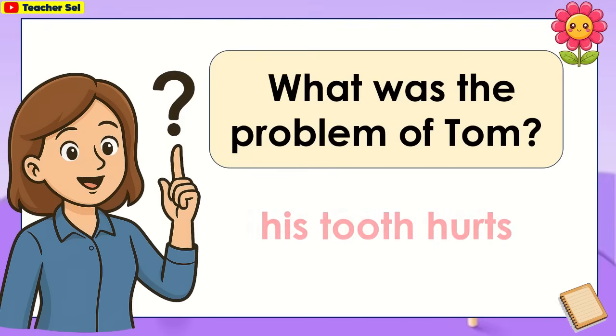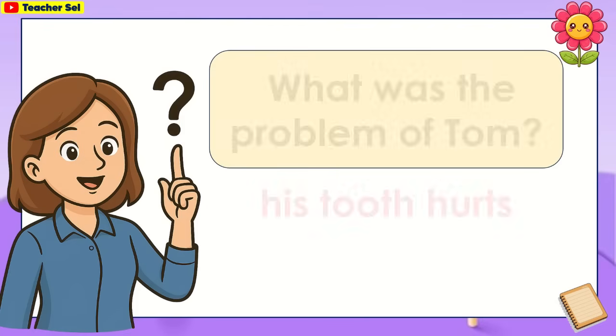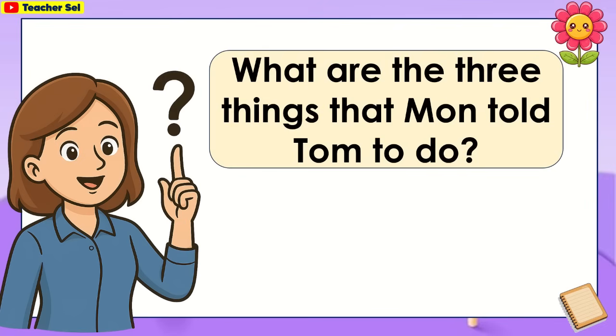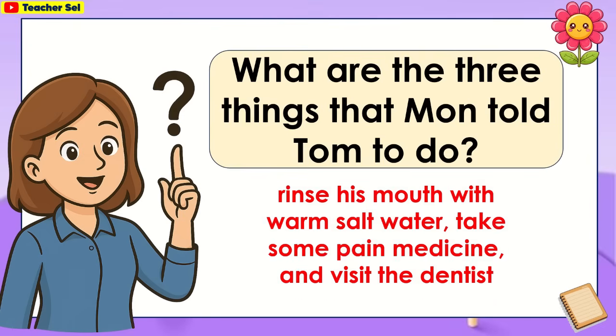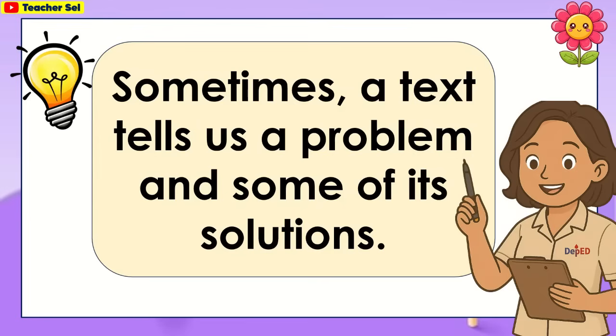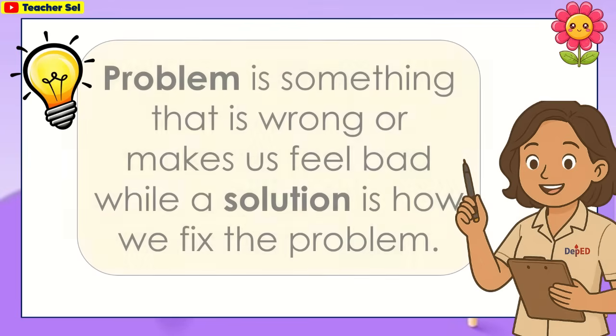What was the problem of Tom? His tooth hurts. What are the 3 things that Mon told Tom to do? Rinse his mouth with warm salt water, take some pain medicine, and visit the dentist. Sometimes, a text tells us a problem and some of its solutions.